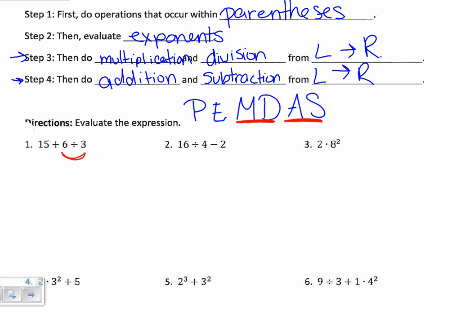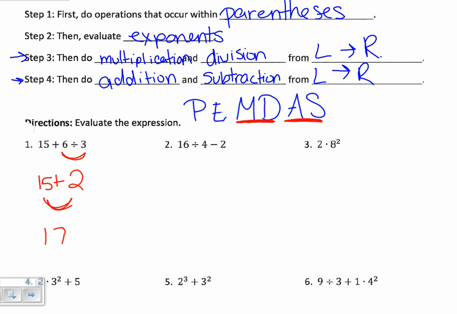If I do that first, 6 divided by 3 is 2. And then I bring down everything that I haven't dealt with yet. I haven't done anything with the plus, and I haven't done anything with the 15. Then I move on to my next step, which is addition and subtraction. I do have an addition sign, so that happens next. 15 plus 2 is 17. Making sure that I'm going in the same order, the same process every time.